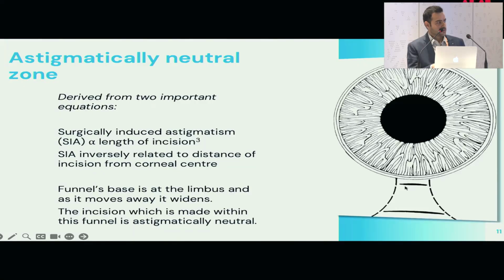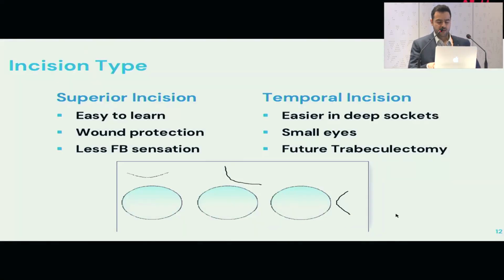So if we make the incision near the limbus, in this zone, the astigmatism will be almost zero. And if we make it farther from the cornea, then we can also make a larger incision and still have an astigmatically neutral zone. This induces only almost 0.25 to 0.5 diopter of astigmatism.